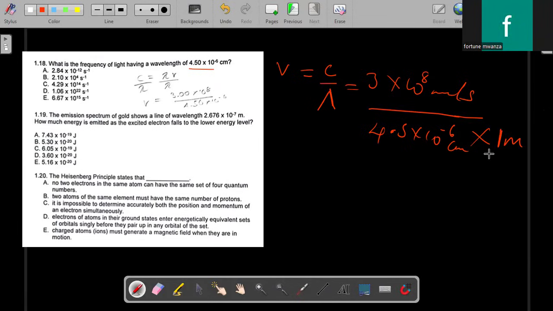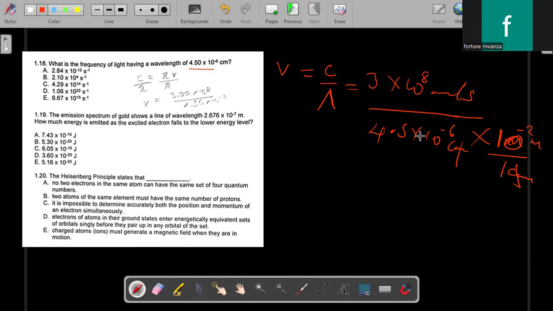I know 10 to the power negative 2 meters gives me 1 centimeter, as a conversion factor, so that the centimeters and the centimeters will go.